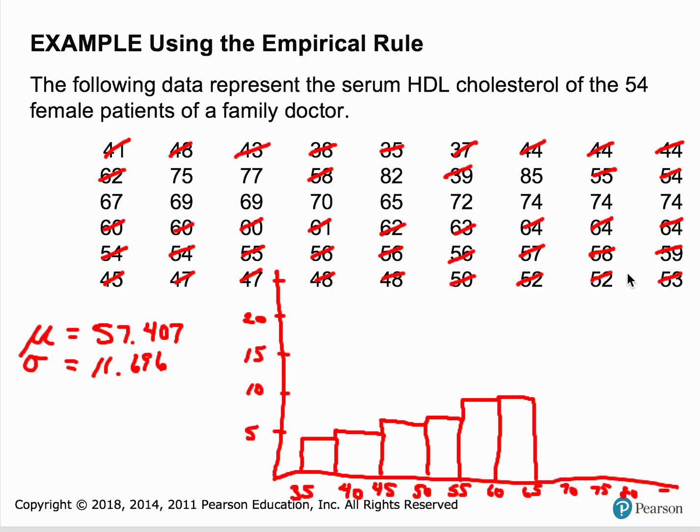65 to 69: one, two, three, four. 70 to 74: one, two, three, four, five. 75 to 79: one, two.